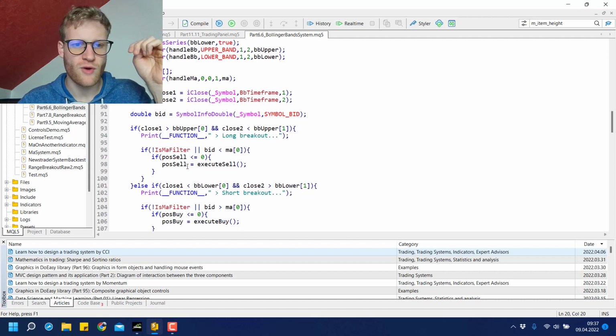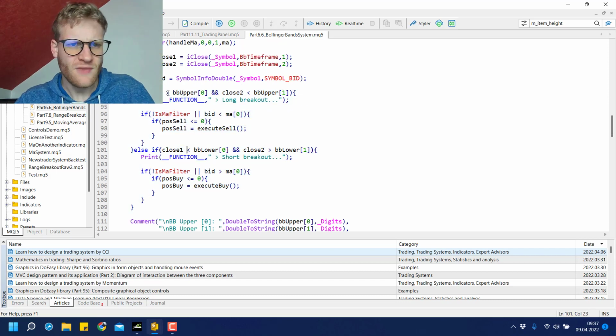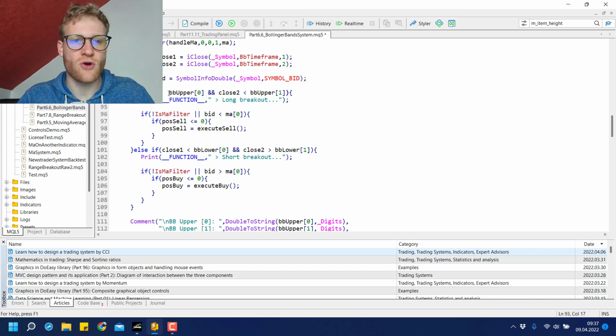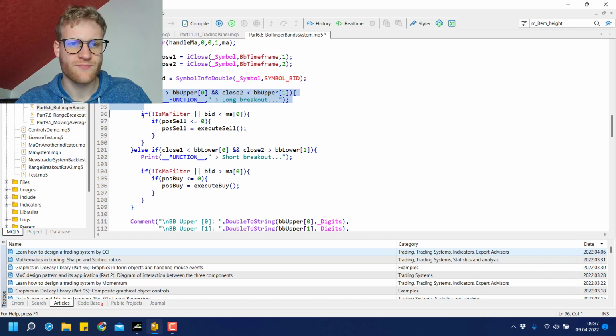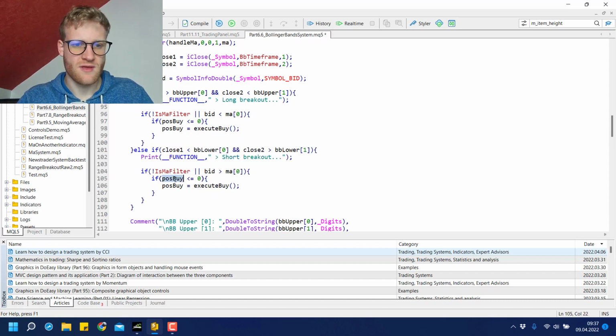So we have this program, and we have the signals here, and I will simply turn the signals around. Whenever there's a long breakout, we want to open a buy trade, execute buy like this.